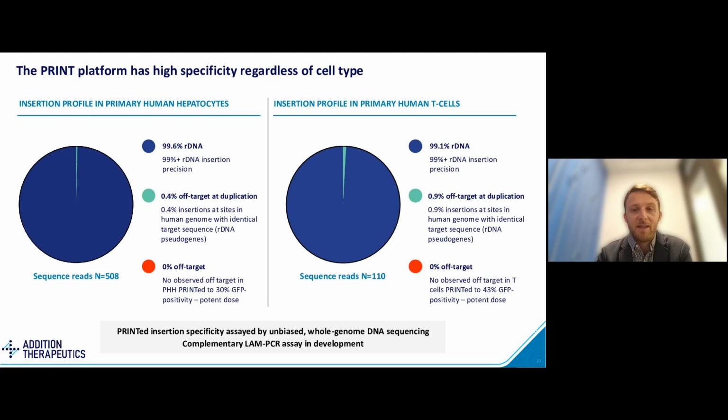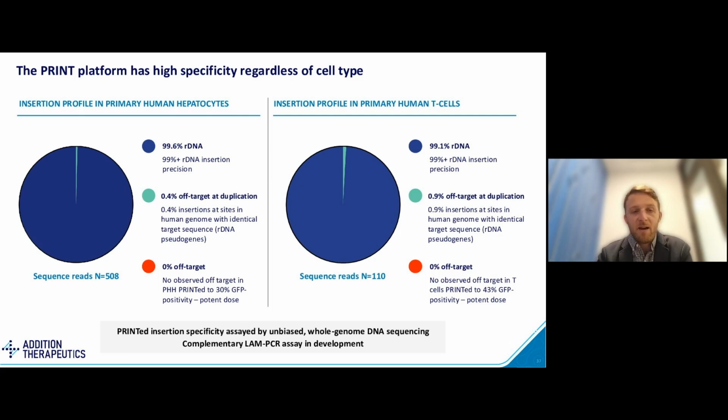Additionally, we can see that the less than 1% that are not mapping to the rDNA are actually mapping to the site that we are aware of from our bioinformatics predictions, one of these target site duplications that exist throughout the genome, leaving us with so far 0 off targets at random unintended sites in the genome.